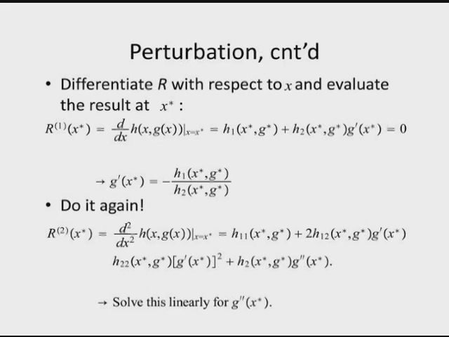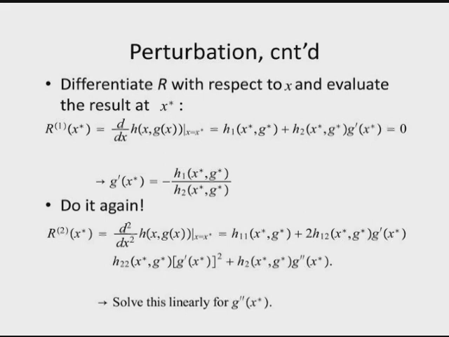So the way we do this is just differentiate that. Let's go step by step. Let's take the first derivative of r with respect to x, but I will need to know the value of the function at this one point. So let's suppose we know the value of the function at that one point. We're going to evaluate this derivative at x star, and I know what g star is.